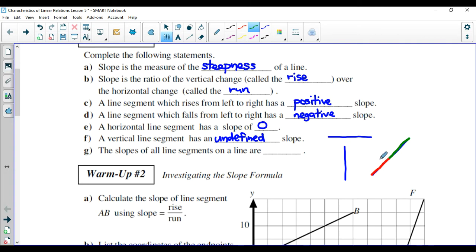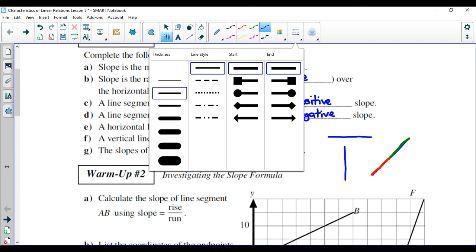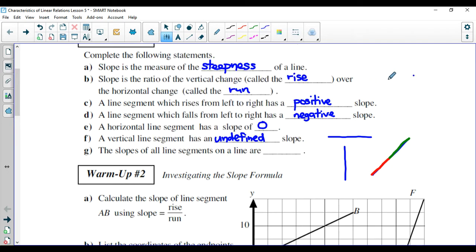If both these line segments, the red and the green, fall on the same line, then they would have the exact same slope. And that's why, when you calculate slope with a slope triangle, it doesn't really matter where you draw the slope triangle. As long as it's on the same line, you must get the same slope.